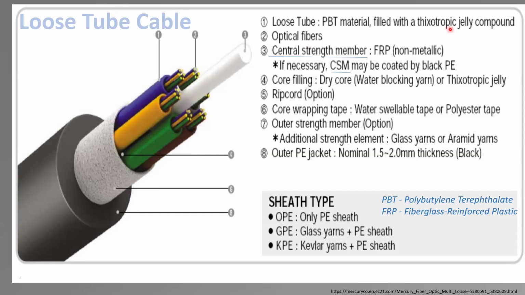Now, the thixotropic jelly compound is jelly that fills those tubes in which those fiber optic strands are, to provide extra protection. Why is it that we need to have those in a loose tube configuration?